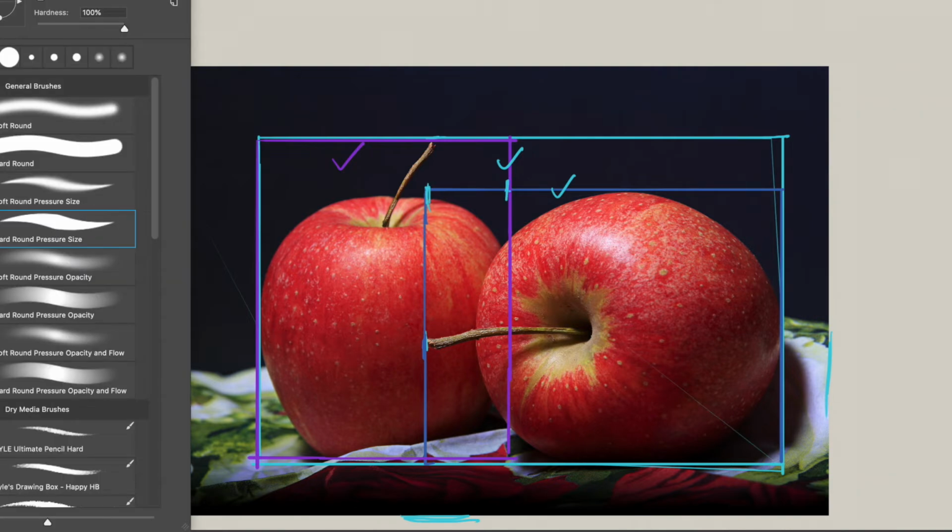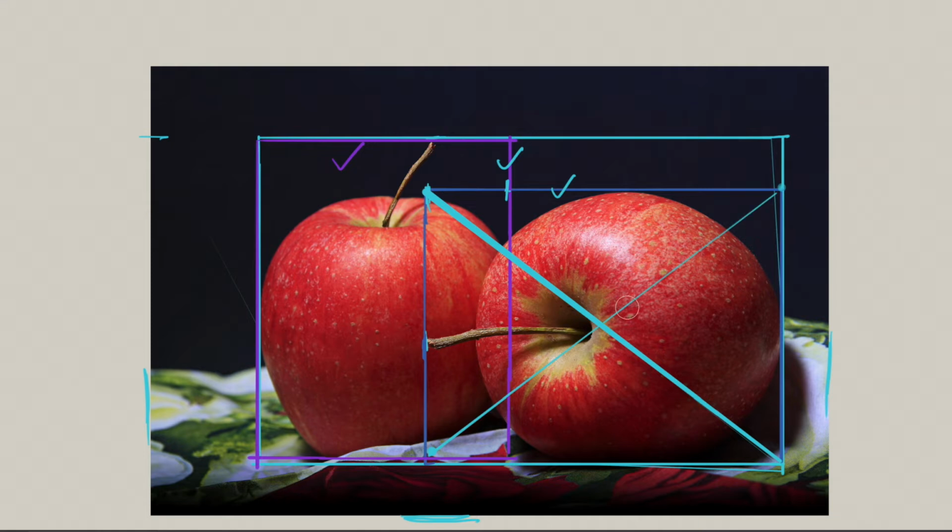Then we can draw diagonal lines for each individual notional space, which further divides this piece into smaller chunks and helps us observe the relationship between one apple and the other.